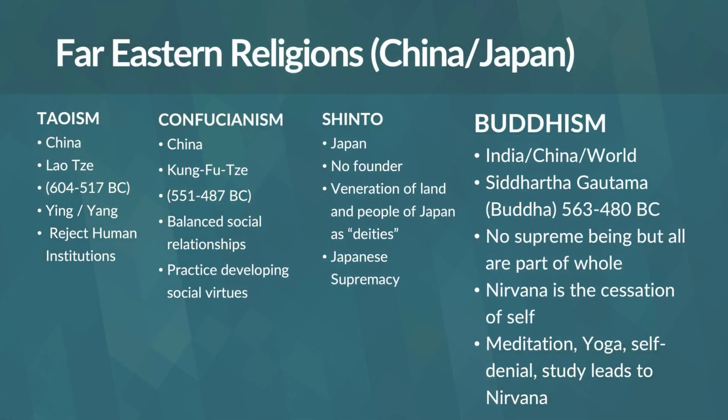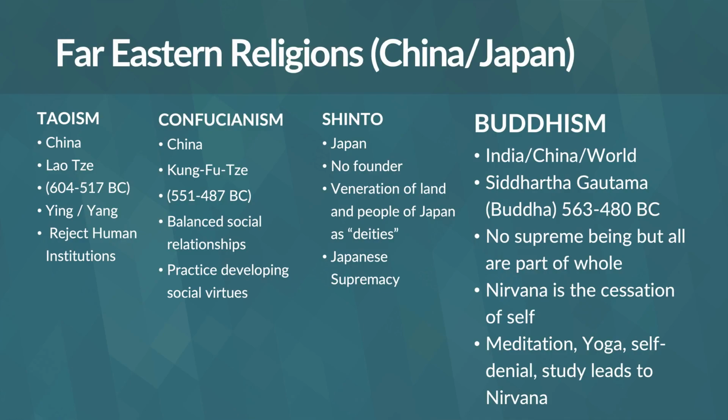Another one, again, we're talking about Far Eastern religion, Buddhism. Began in India and China, and now of course is all over the world. The founder, Siddhartha Gautama, lived 563 to 480 BC. So there are a lot of religious founders that lived in the same era.